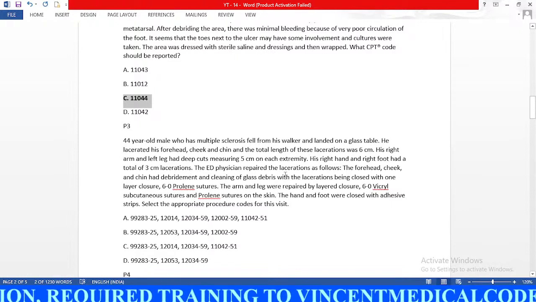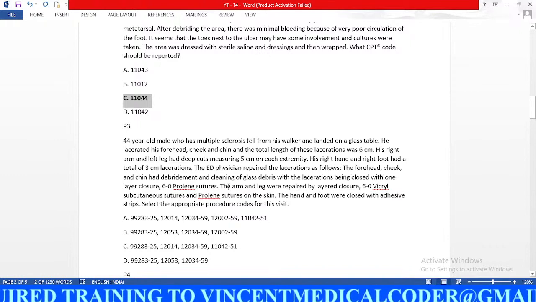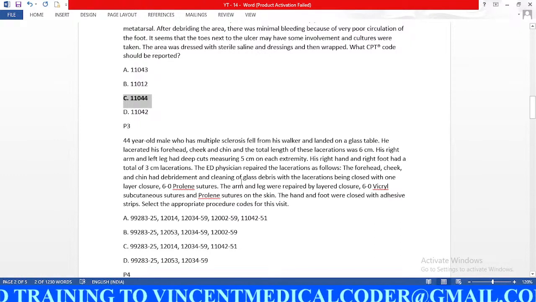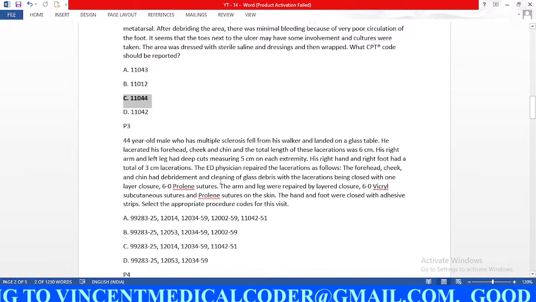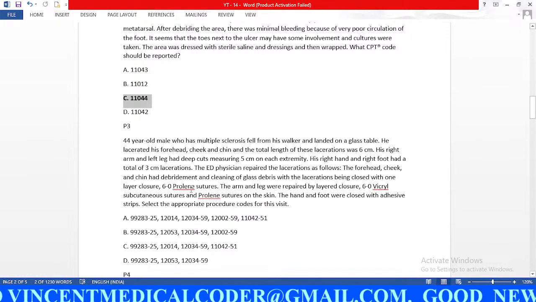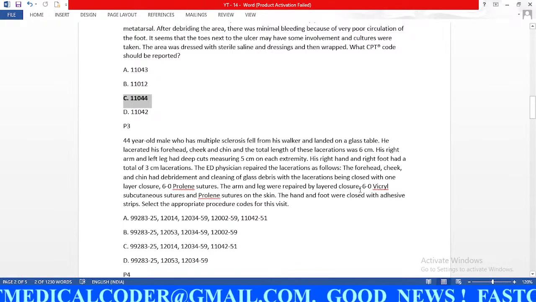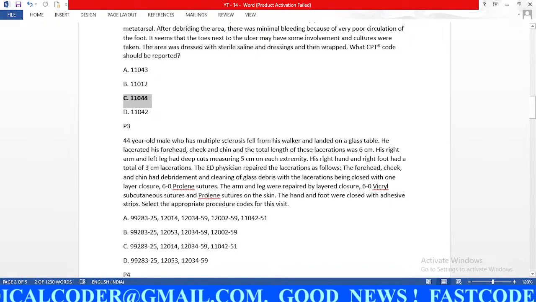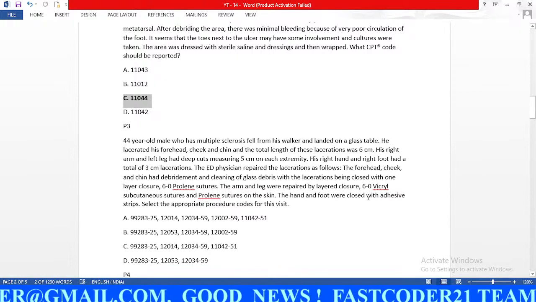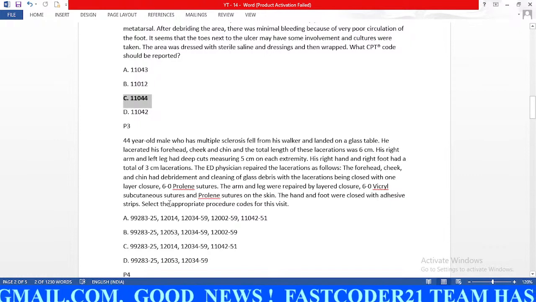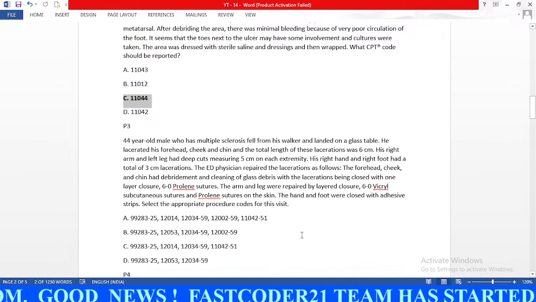The ED physician repaired the lacerations as follows. The forehead, cheek, and chin had debridement and cleaning of glass debris, with the lacerations closed with one layer closure, 6 Prolene sutures. The arm and leg were repaired by layered closure, 6 Vicryl subcutaneous sutures and Prolene sutures on the skin. The hand and foot were closed with adhesive strips. Select the appropriate procedure codes for this visit.